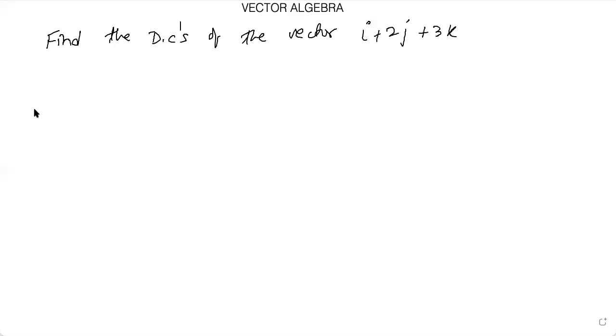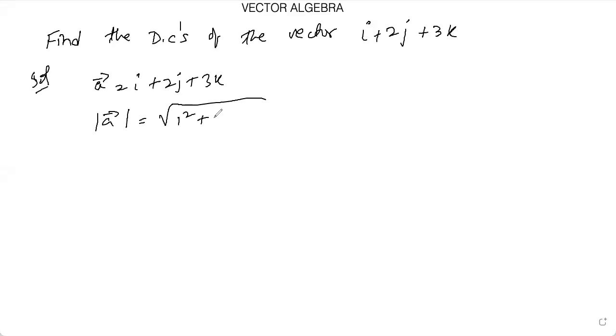Let us find the solution for this. So A is i plus 2j plus 3k, right? So the magnitude of this will be square root of 1 square plus 2 square and 3 square, which gives out to be root 14.